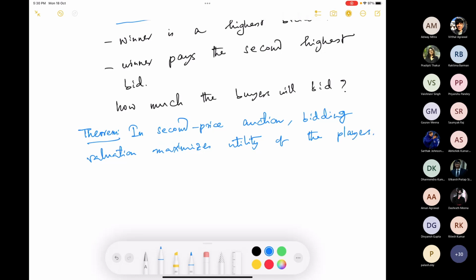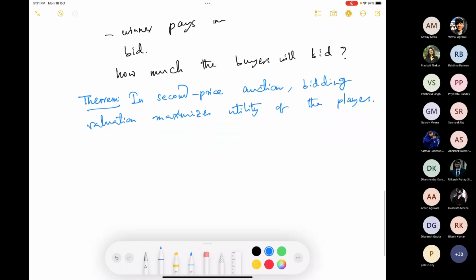That means what? If you are a player, you simply bid your valuation. Player knows his or her valuation, Vi, and you simply bid your valuation. And we will prove why this particular strategy, bidding your valuation, always maximizes the utility of the player.